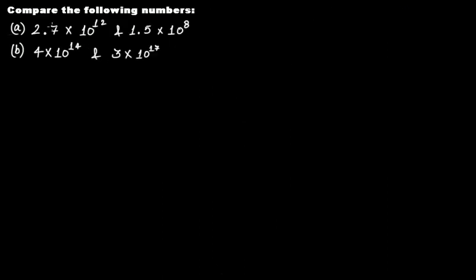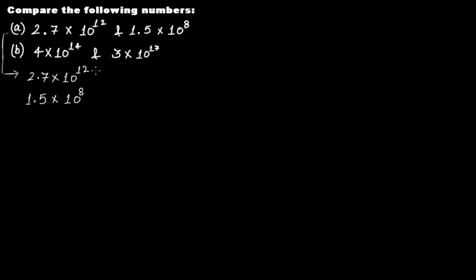In this third problem, we have to compare the following numbers. This is 2.7 into 10 raised to the power of 12 and 1.5 into 10 raised to the power of 8. So let's solve for this first one. So 2.7 times 10 raised to the power of 12, and this is 1.5 times 10 raised to the power of 8.